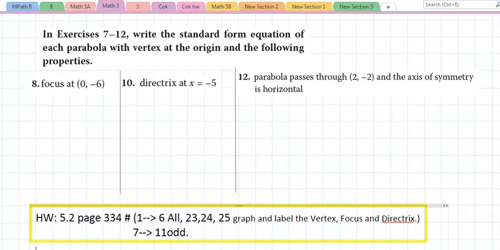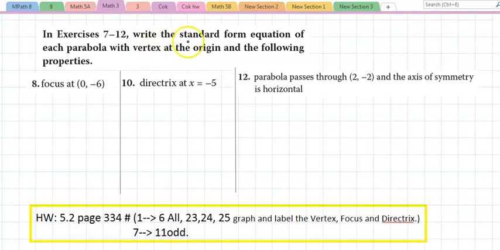There's nothing they could do if you understand what we just did. Write what we did. Write the standard form of an equation. Vertex at the origin. Either you're going to write y equal 1 over 4p x squared, or you're going to write x equal 1 over 4p y squared.